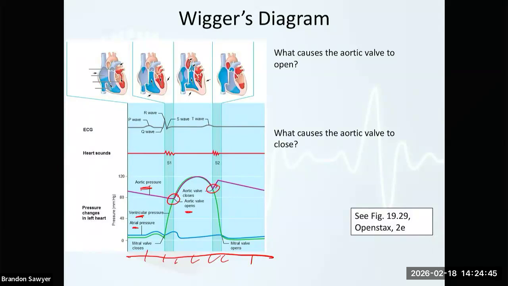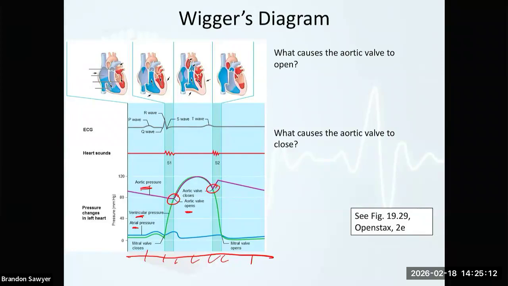Just like we said on the previous slide, ventricular pressure is rising at the same time the QRS complex happens. So this is ventricular contraction. Rising, rising, rising. When it gets higher than the aortic pressure, the aortic valve opens. So this whole period of time, blood is ejecting from the heart. And now right about at this point, it starts to relax. Relaxing, relaxing, relaxing. Once it dips below the aortic pressure, the aortic valve closes.